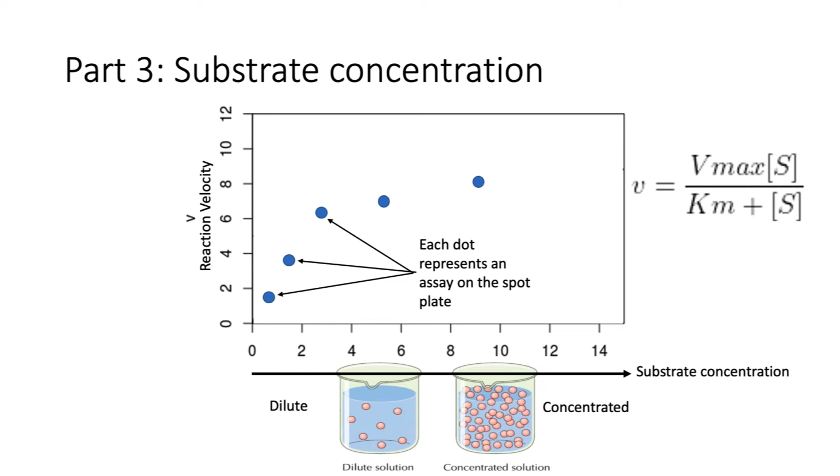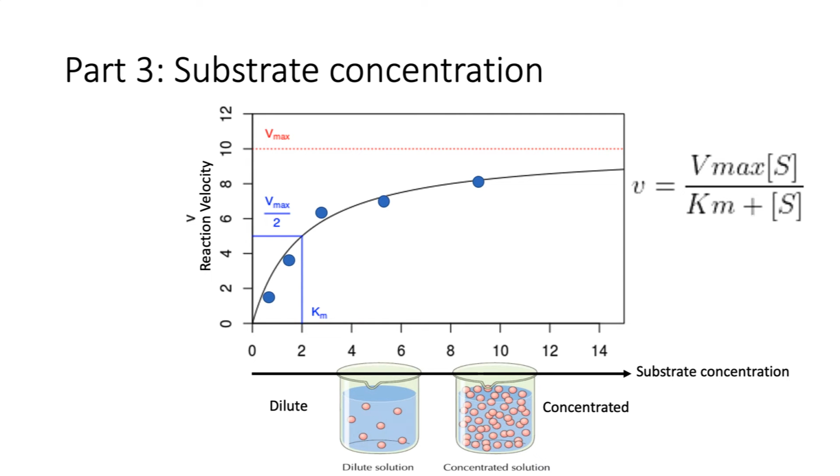Okay, and we'll hopefully get a graph that looks something like this, so that then we'll use R to fit this equation to the data that we have here. Okay, and that will look something like this.